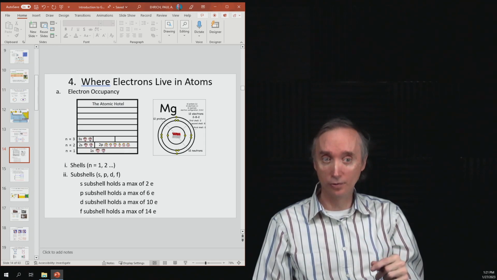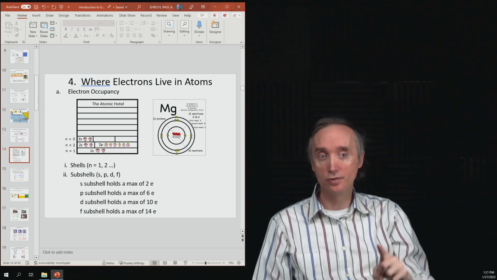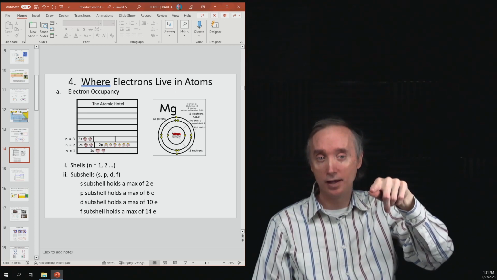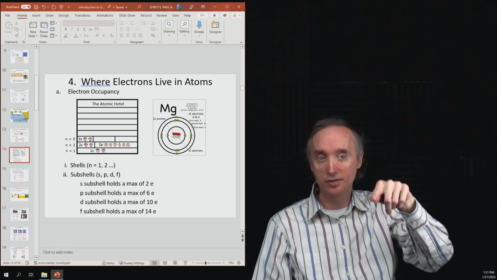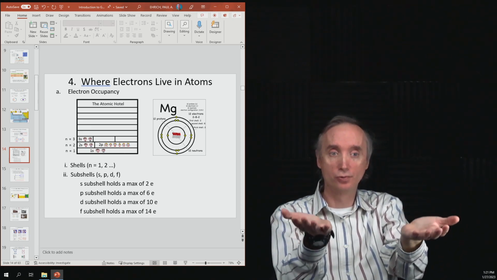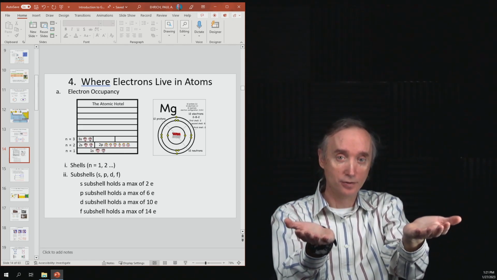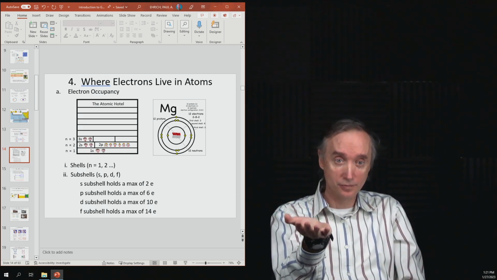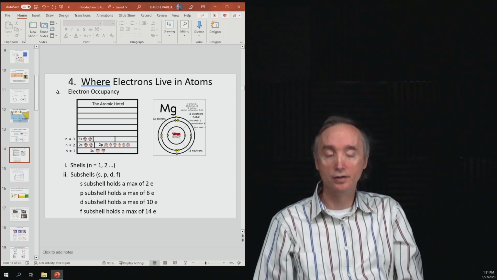So the third one goes up to the second floor, and now it's got a choice. Does it go into the S or does it go into the P? Because there's 2 rooms available. Well, we said that it prefers the S. So it's going to go into the 2s orbital.